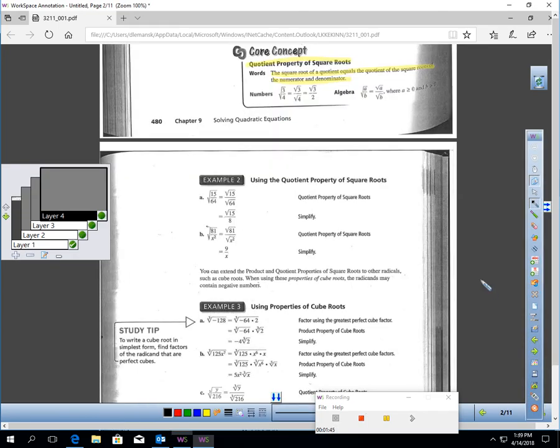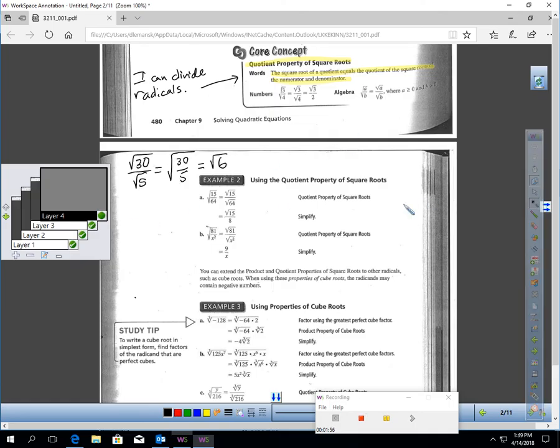Next, we have the quotient property of square roots. And remember, quotient means divide. So what this is trying to tell you is you can divide radicals. For example, I could take the square root of 30 divided by the square root of 5, and that would be the same thing as taking the square root of 30 divided by 5, which would be the square root of 6.